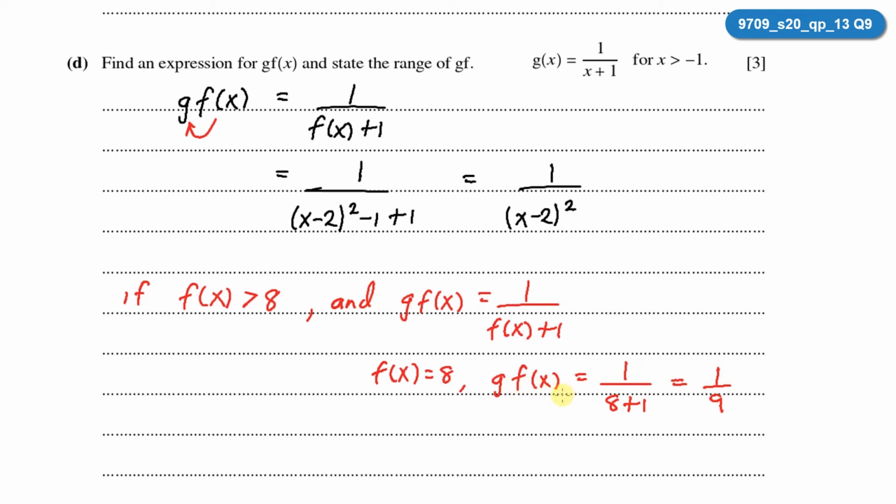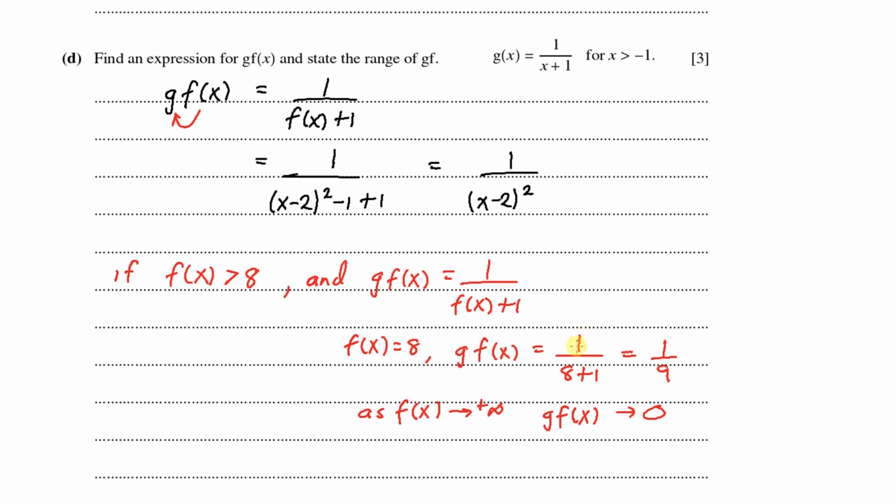But let us now also consider what happens to g of f of x as f of x increases or approaches positive infinity. As f of x increases from 8, it means that the denominator here also increases, which means 1 over an increasing number will approach 0.